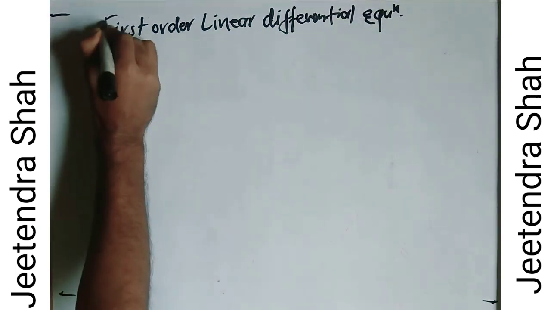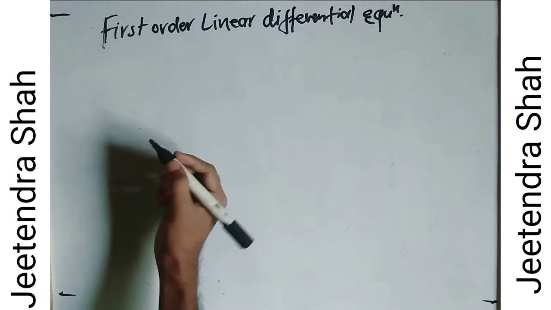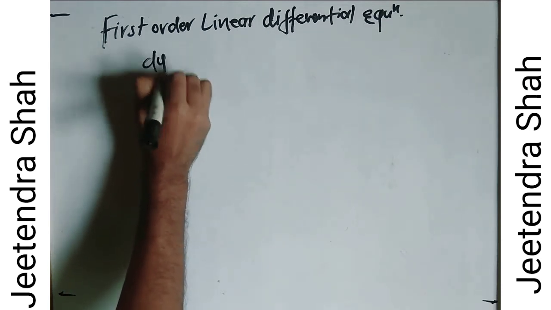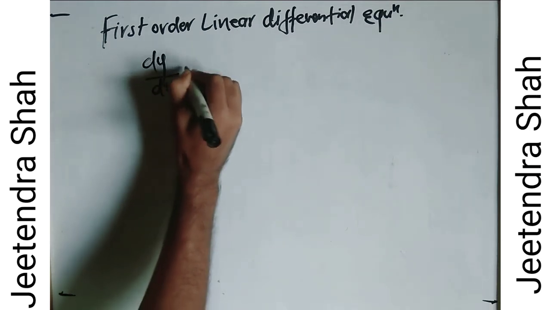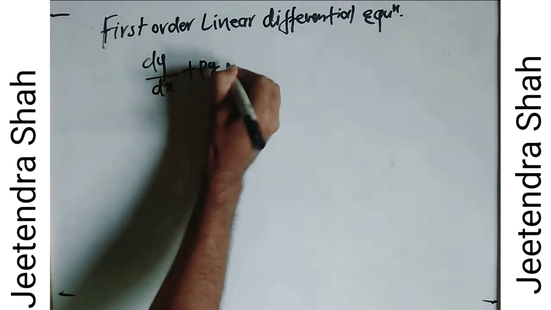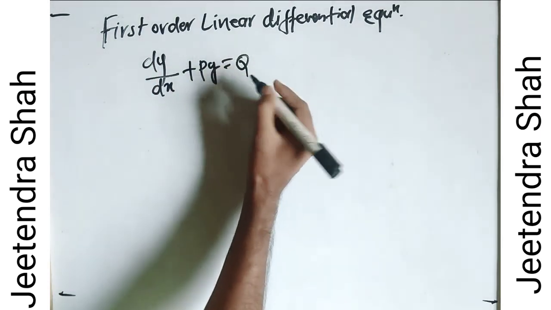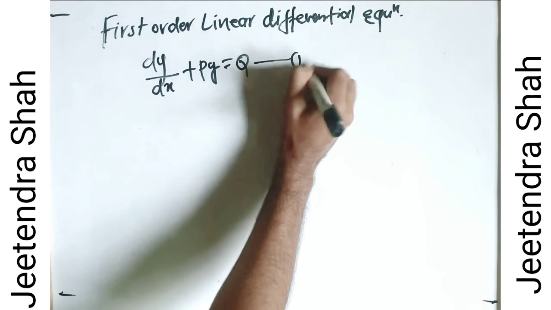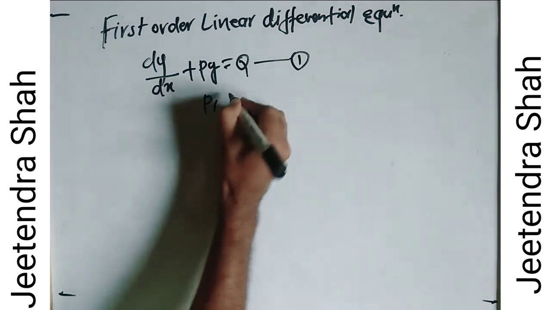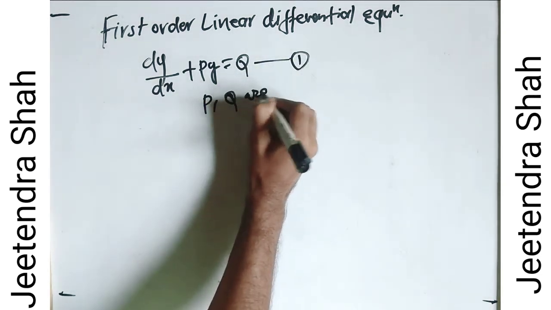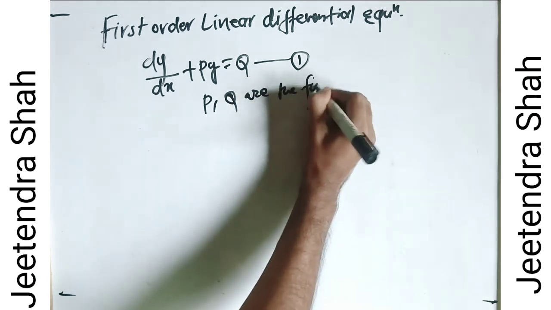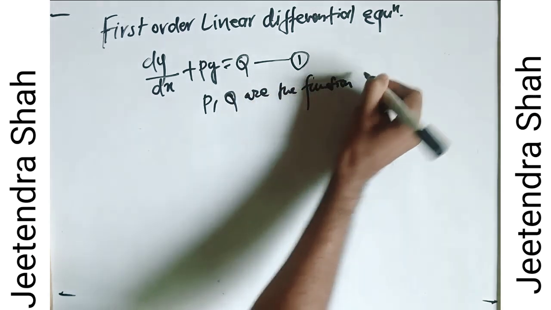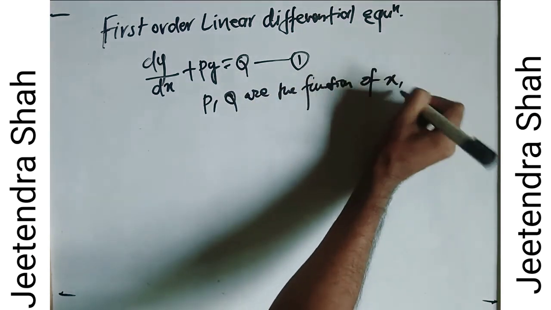So first of all, we need to know what we mean by first order linear differential equations. Generally, an equation of the form dy/dx + Py = Q is said to be a linear differential equation, where P and Q are functions of x.